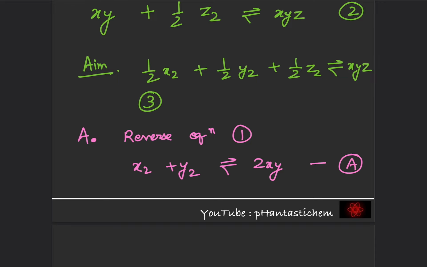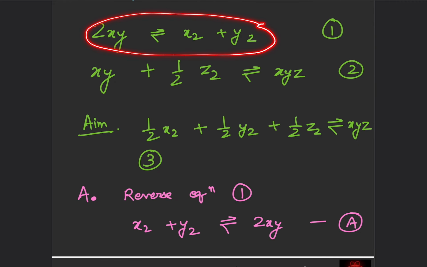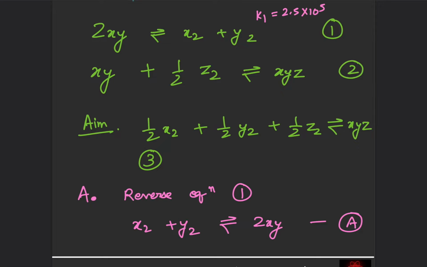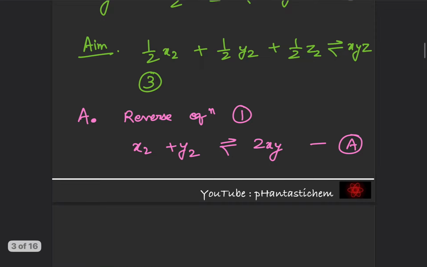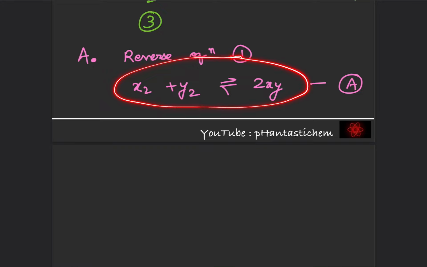And we know if a reaction is reversed, the value of the equilibrium constant is inversed, right? So K1, the equilibrium constant of the first reaction, is given to us, that is 2.5 into 10 to the power 5. Since this reaction is reversed, let us say the equilibrium constant for this reaction is Ka.